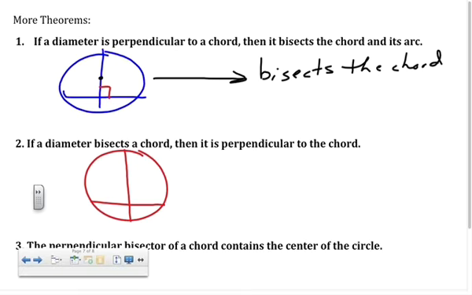If I know that the diameter is bisecting the chord, then I know that the diameter is perpendicular to the chord.